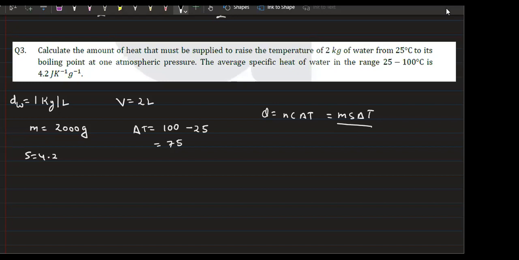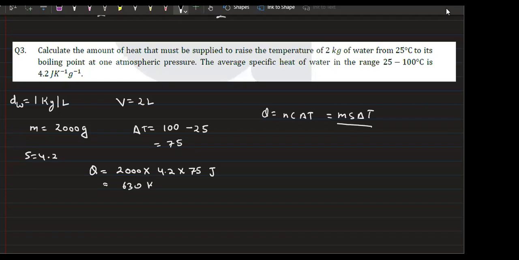So Q will be equal to 2000 into 4.2 into 75, right? And the unit will be joule. So if you calculate, you'll find the answer.